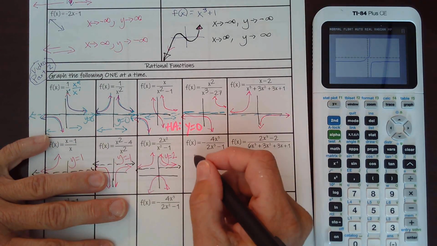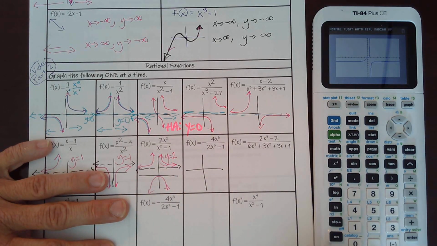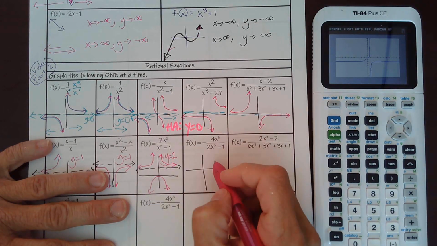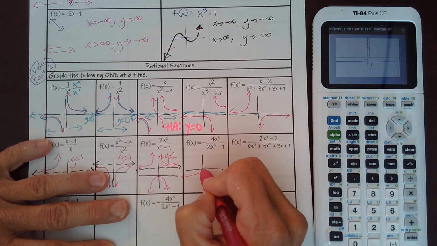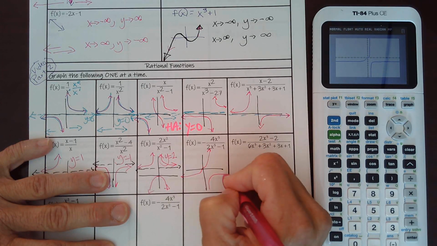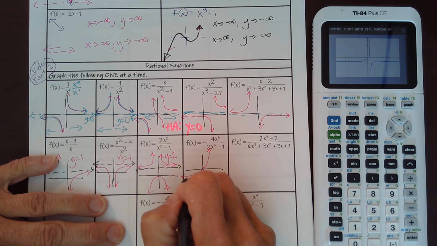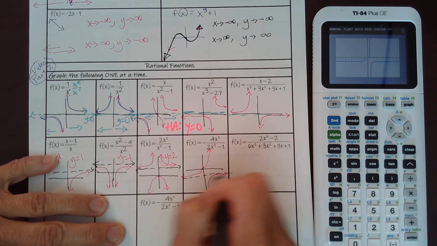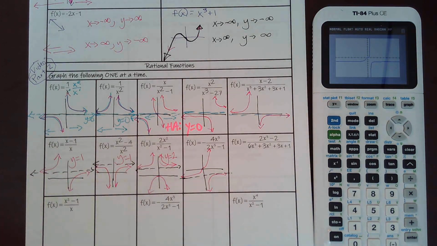Okay, so here we have a graph, and that's interesting. And then we have another portion here. So does there appear to be a horizontal asymptote? Yes. But what does the equation appear to be?